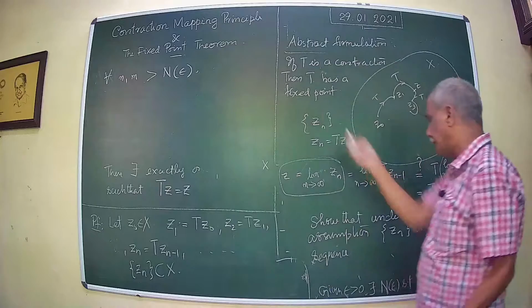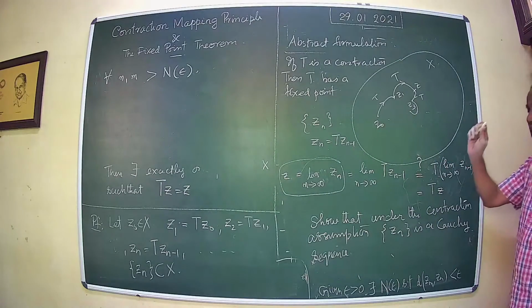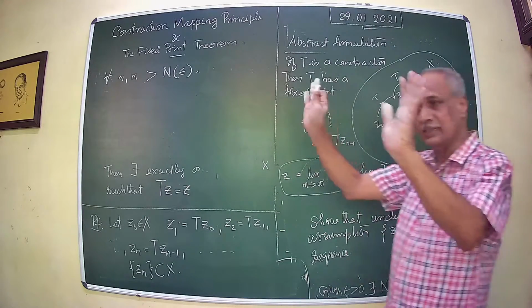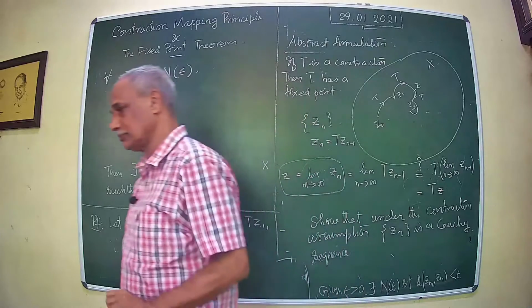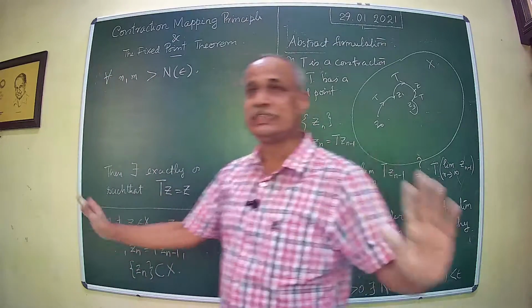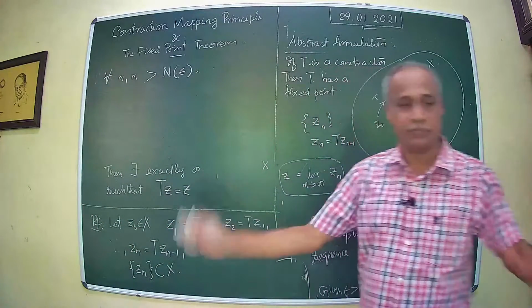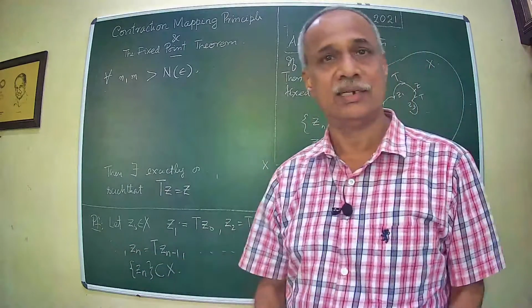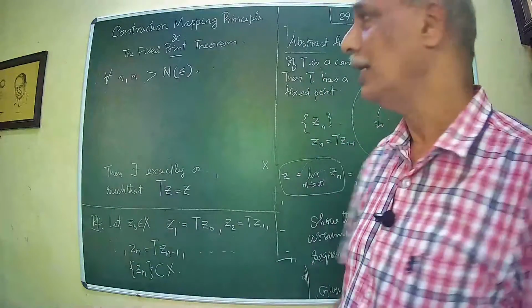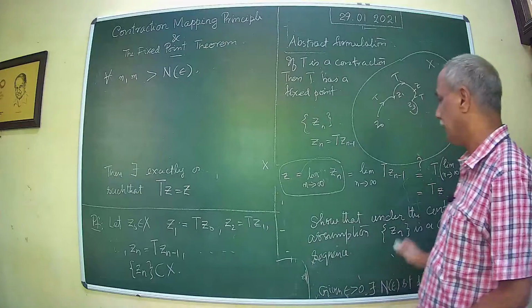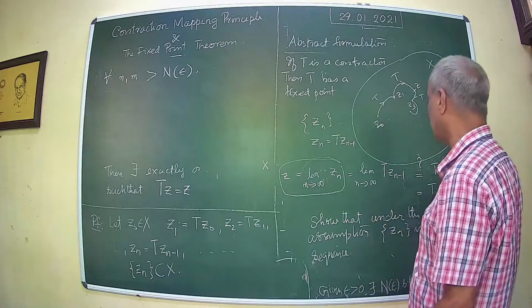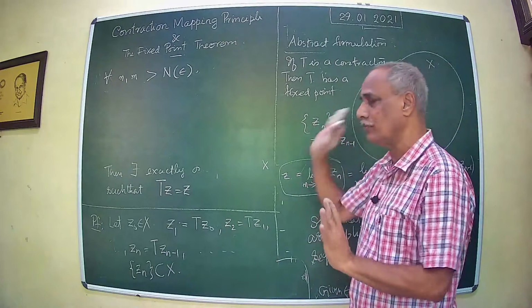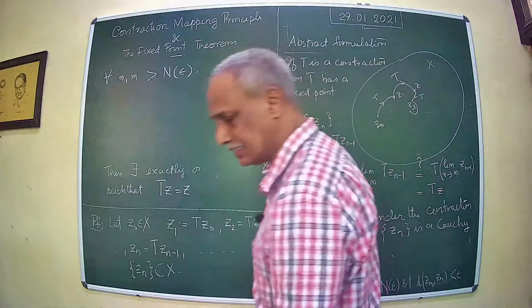So if you can establish this, then it follows that Zn is a Cauchy sequence. If it's a Cauchy sequence in a complete metric space, then it converges to a unique point, and that point in turn will turn out to be the fixed point of T. Now this is the strategy.